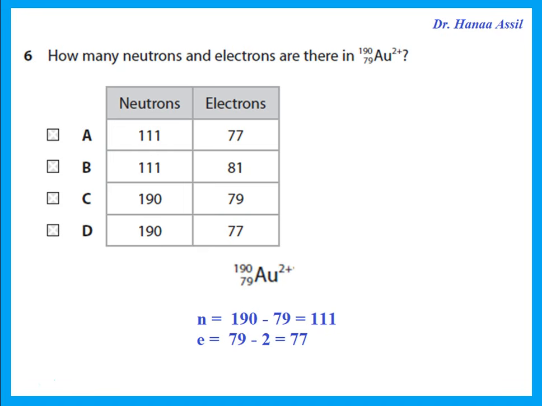So that means I have 111 neutrons. So my answer is A or B. Now, how many electrons? Remember, if you have 2+ on it, that means it has lost 2 of its electrons. So usually the electron should be the same as proton, which is the atomic number. So it should have 79 electrons, but 2+ means it lost 2 of them, so it has 77 electrons.